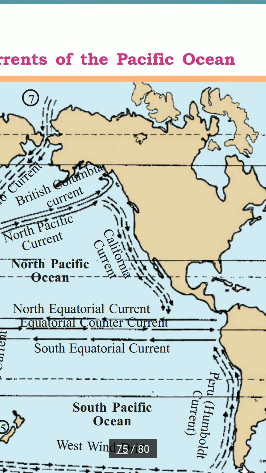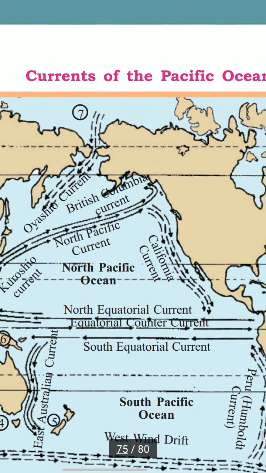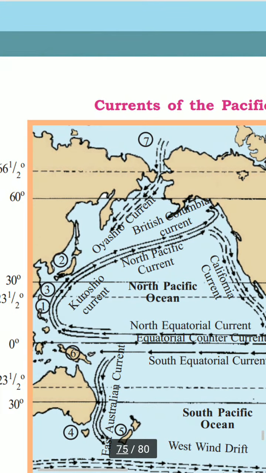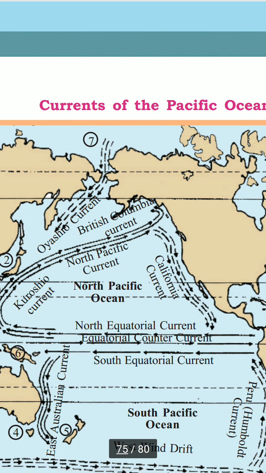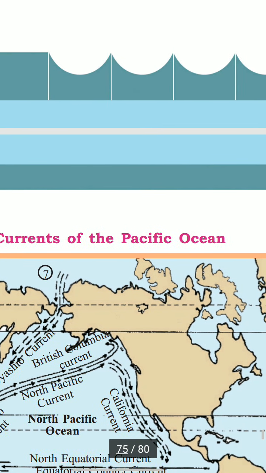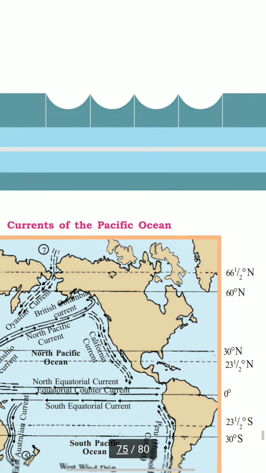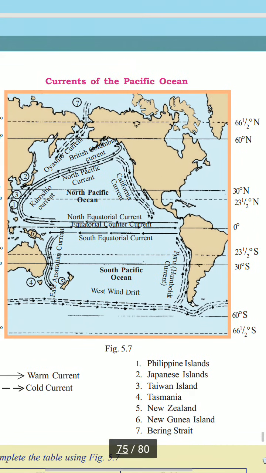Clear? See your Tropic of Cancer, Tropic of Capricorn, from this tropical region, that is from the middle of this, the current which flows upwards, that is to the polar region, North Pole and South Pole. If it moves either upward or downward from the tropic, that is the warm current. Why?